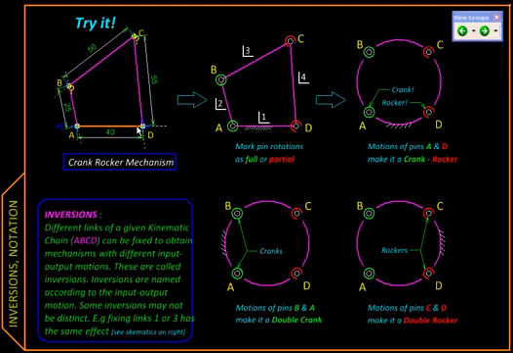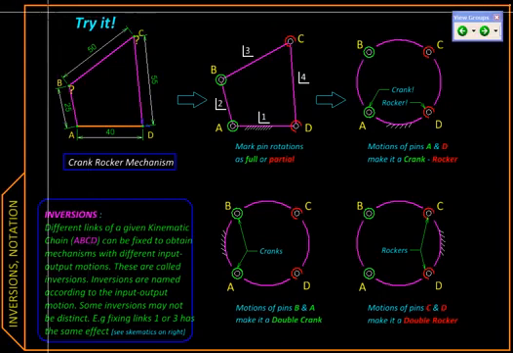This process is called inversion. Essentially, inversion is nothing but a shift of observer from one link to another. So a different link appears fixed to him or her, and a different input-output relationship is observed.